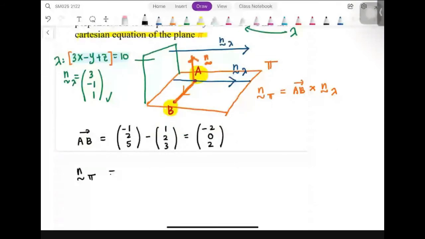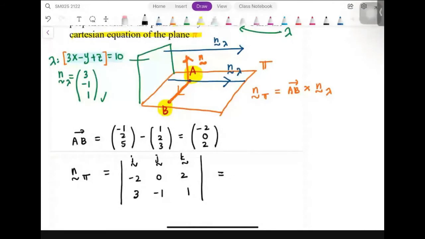Okay, ingat tadi vector product or cross product, we must open IJK. So, we have negative 2, 0, 2. Normal for lambda just now is 3, negative 1, 1. Okay. Saya bagi masa lah sekejap untuk awak fahamkan tu and then kira cross product jadi apa.